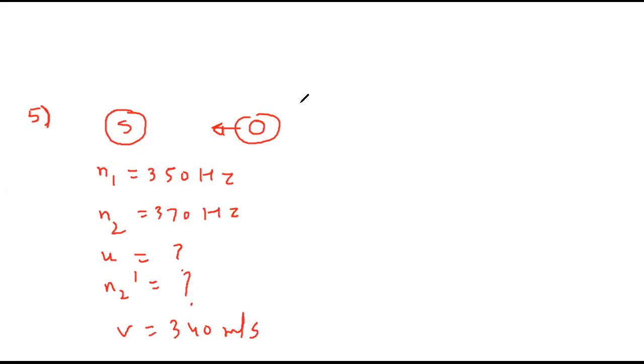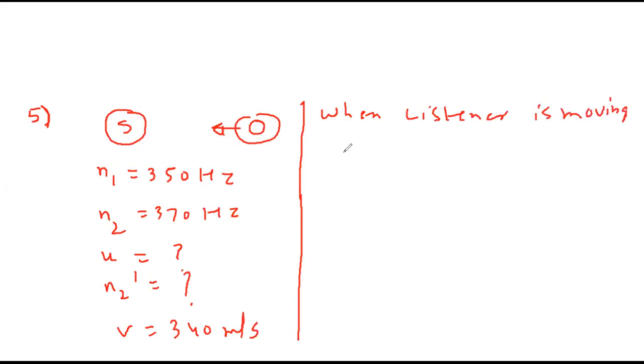Whenever there is relative motion between source and listener, the apparent frequency will be different. That means frequency appears to be different. When the listener is moving, remember that we have to adjust the numerator.